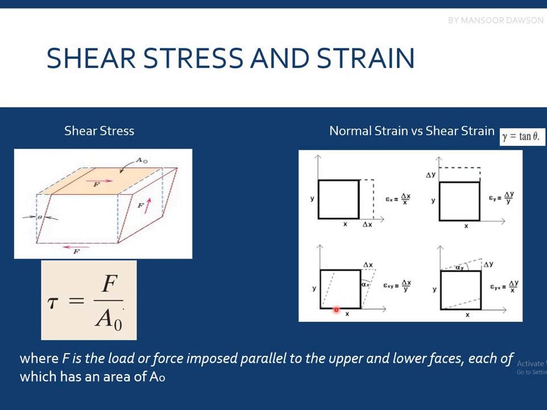If you are applying the load in the x direction, the shear strain would be delta x upon y. If you study the geometry of this, you can also write the shear strain in the xy direction as equal to the tangent of this angle, alpha x.